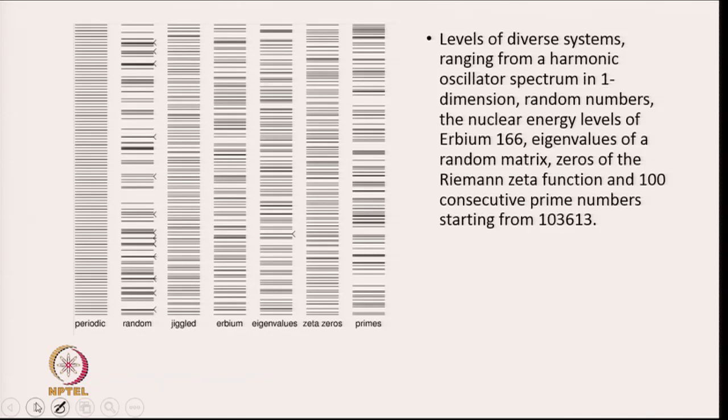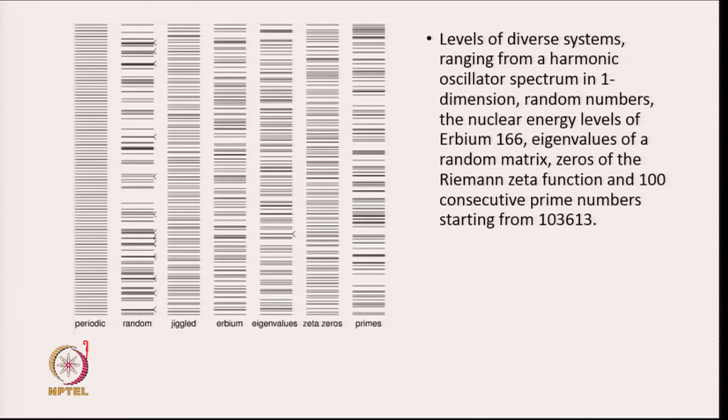Looking at the spacings of many quantities has been an area of interest, and here is an image which I picked up from the net, which shows a lot of different levels. Over here is just a bunch of lines that are equally spaced. These could be the energy levels of a harmonic oscillator, for example.